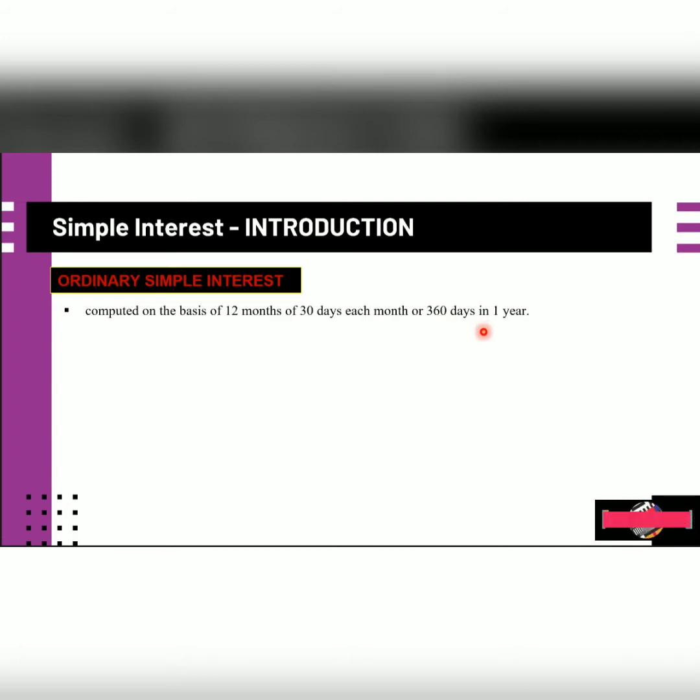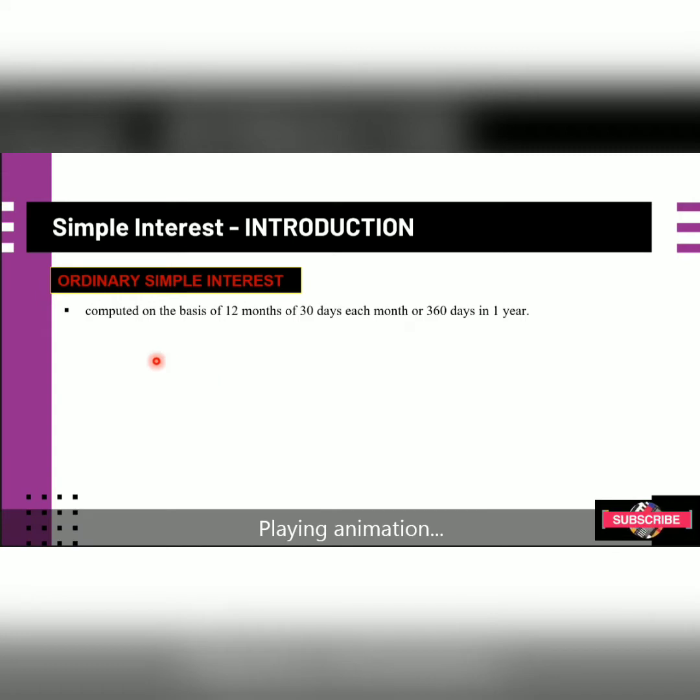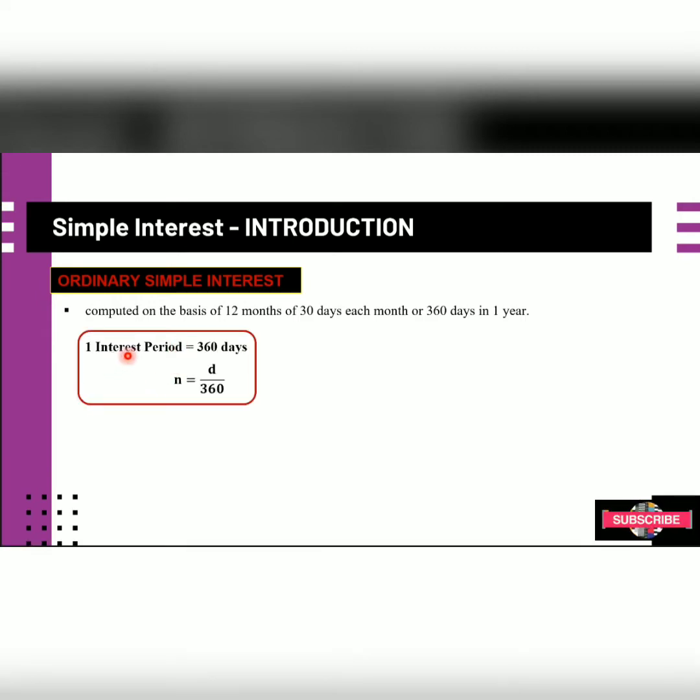So when you encounter a problem specifying an ordinary simple interest, you have to consider this 30 days per month, or when you are considering 1 year is 360 days, and you have to remember only this one interest period, which is equal now to 360 days, where your N is just simply equal now to your small d over 360.